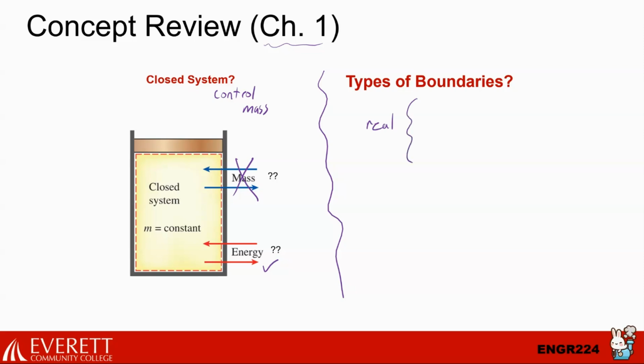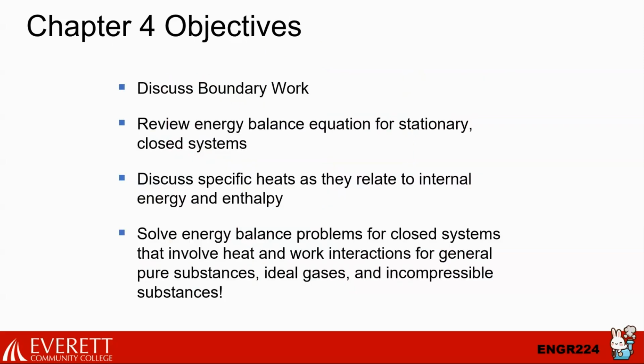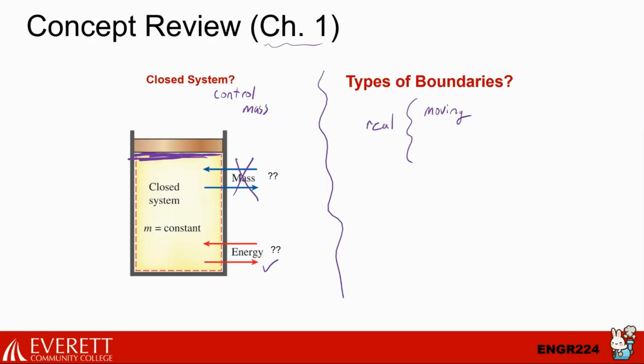Two types of boundaries that we'll see for those real conditions are a moving boundary. An example of a moving boundary is right here, on the piston. That piston could move up or down.